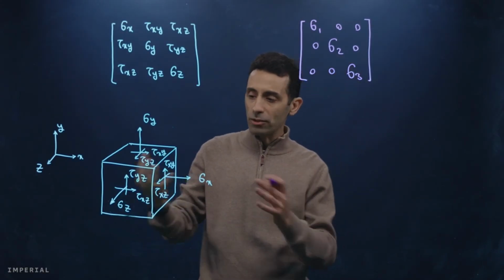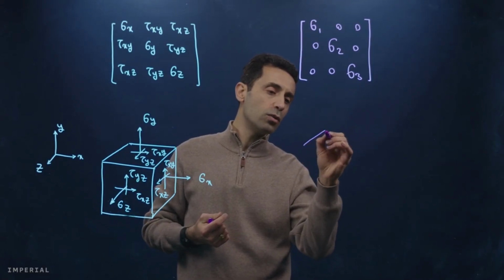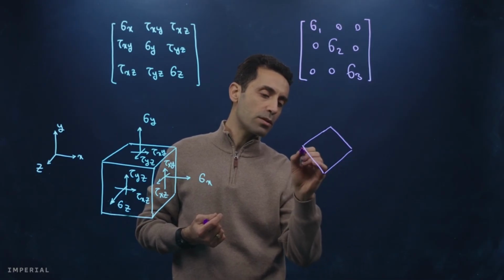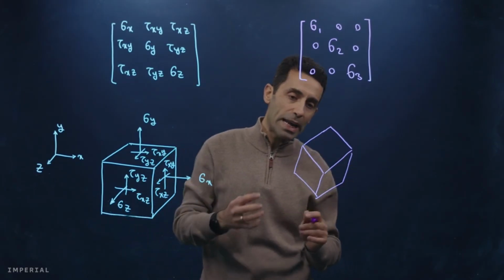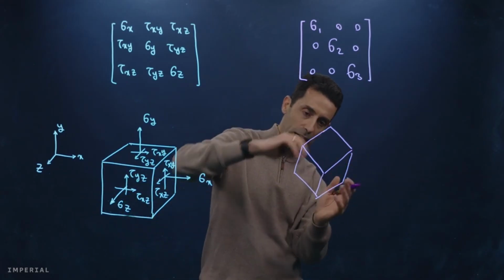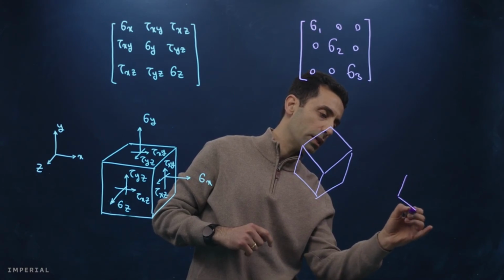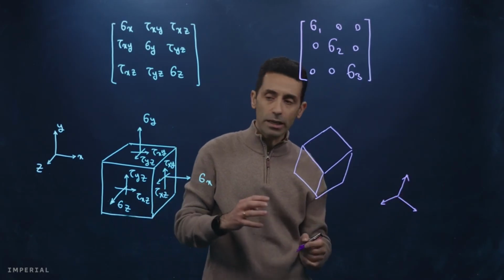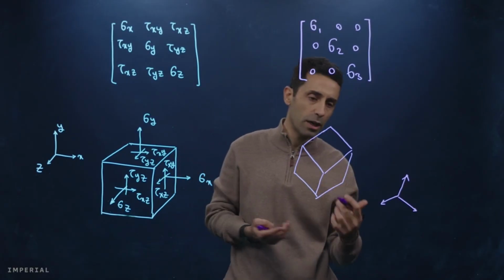So imagine if I rotate it enough, then it will end up in a new rotation that perhaps looks like this. And now in this new orientation, you can see that our coordinate system has rotated. And then here we have our stress components that are applied to our system.